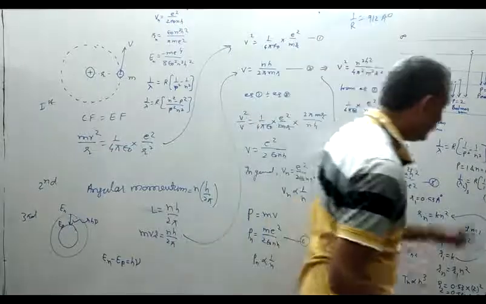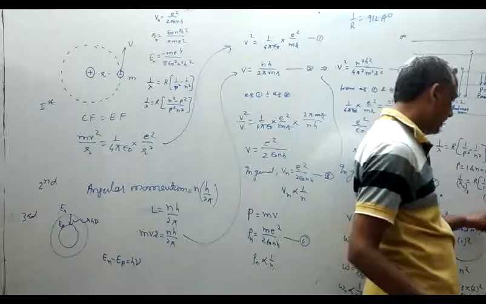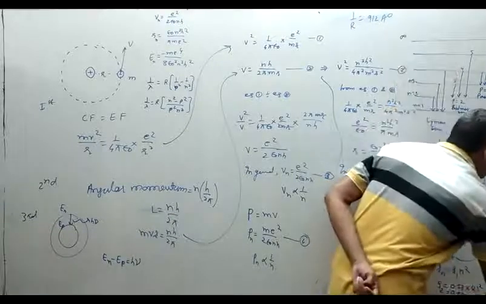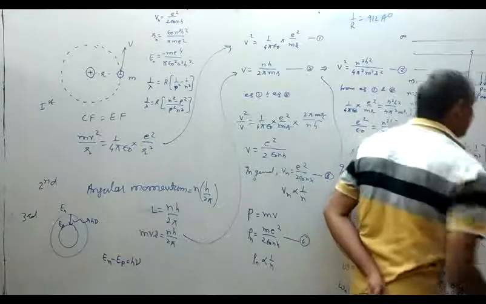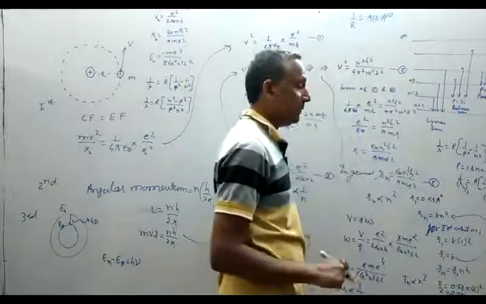So lambda LS is equal to 1 upon R, that is 912 angstrom. It is the standard value for the shortest wavelength of the Lyman series.